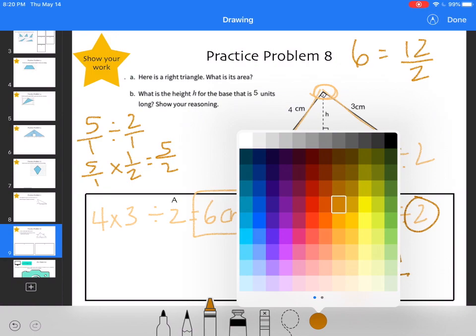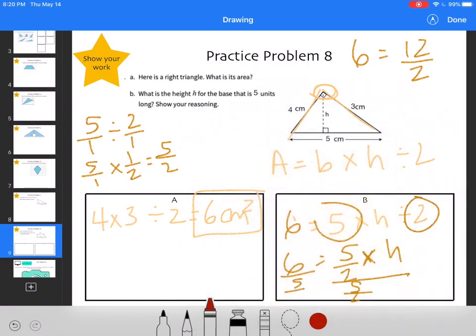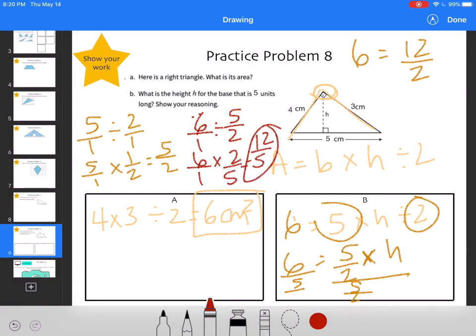So I'm going to switch colors again. So 6 over 1 divided by 5 over 2, 6 over 1 times 2 over 5, I end up with 12 fifths. So the height of this triangle is going to be 12 fifths, or 2 2/5.